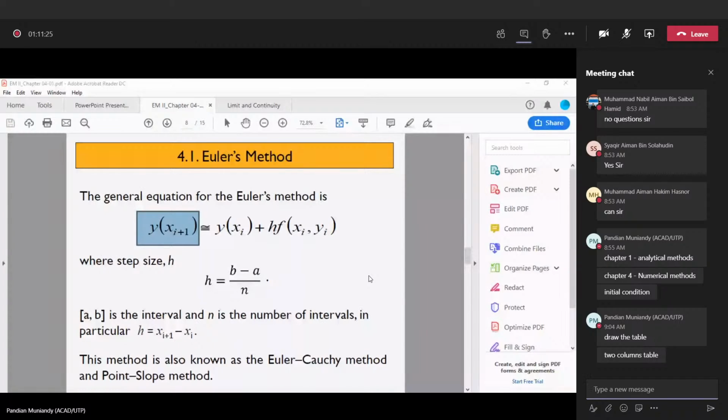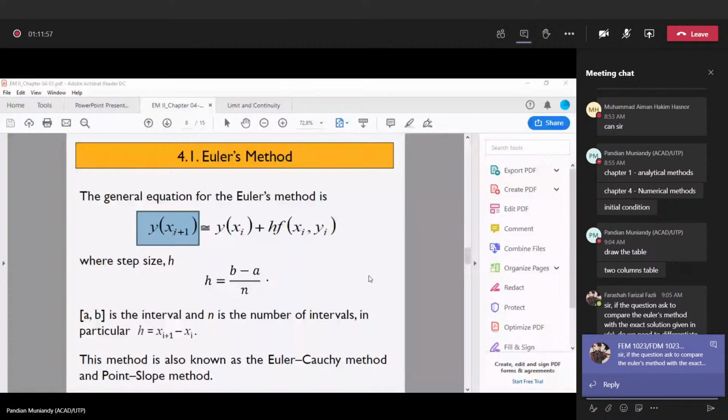So x0, y0, first row. Second row, x1, y1. Third row, x2, y2, x3, y3, x4, y4, like that. Okay, a 2 columns table, one for x_i input, one for y_i, x subscript i, y subscript i. So once you have the table, then you plot the graph.